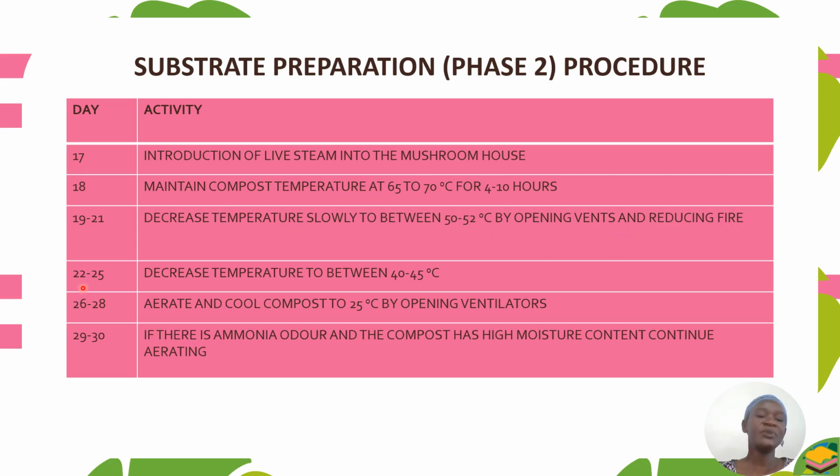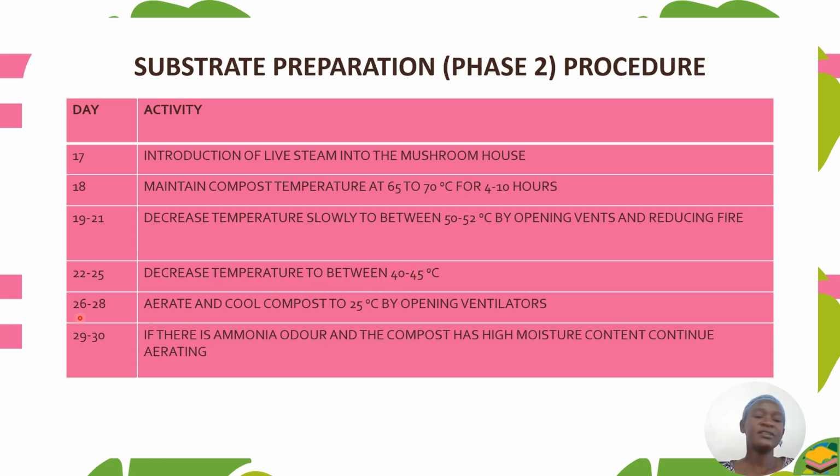Then on days 22 to 25, you further decrease the temperature to between 40 to 45 degrees Celsius. So if you just open the windows on days 19 to 21, then on days 22 to 25, you further open other windows.